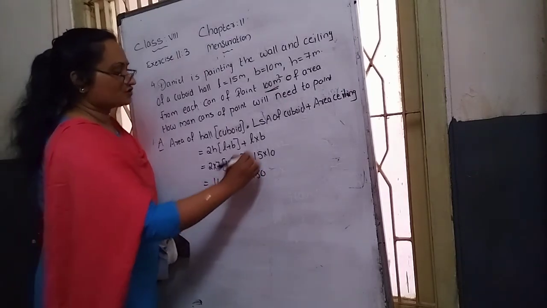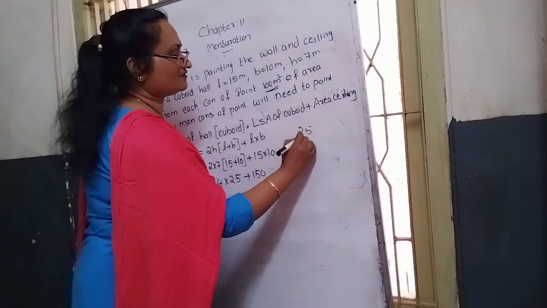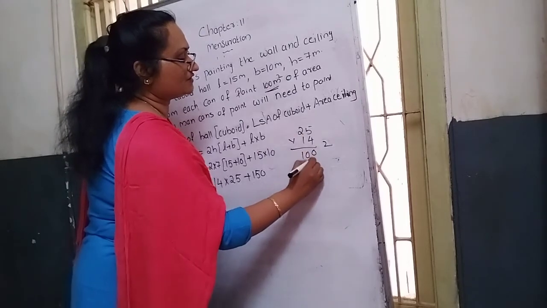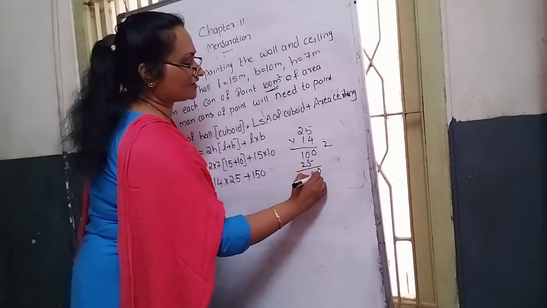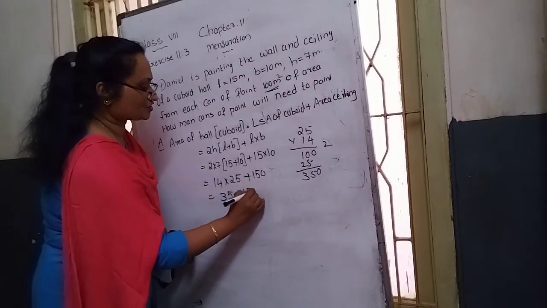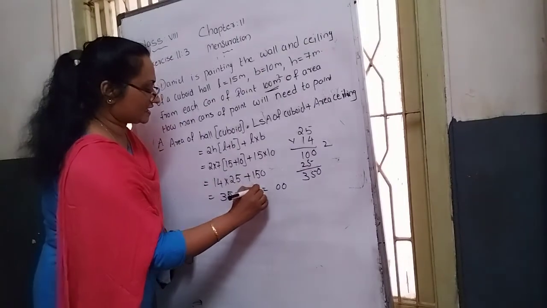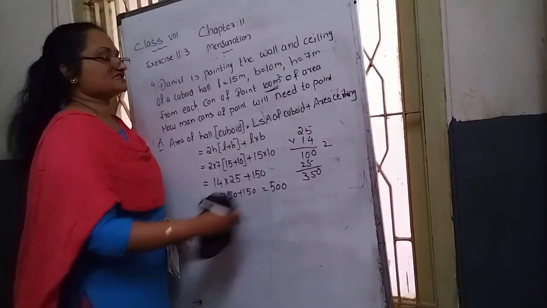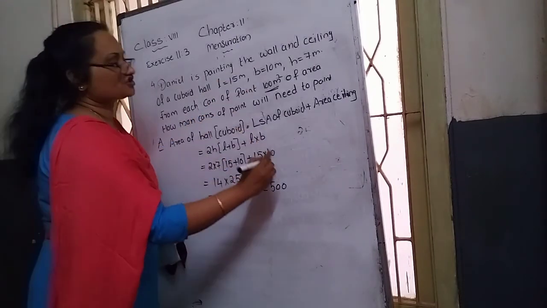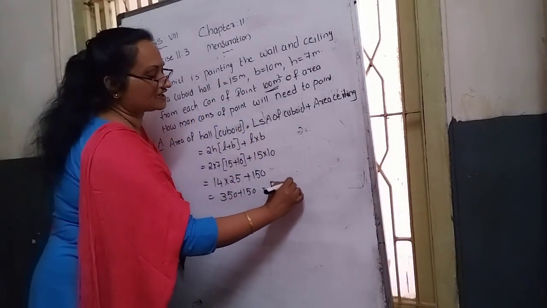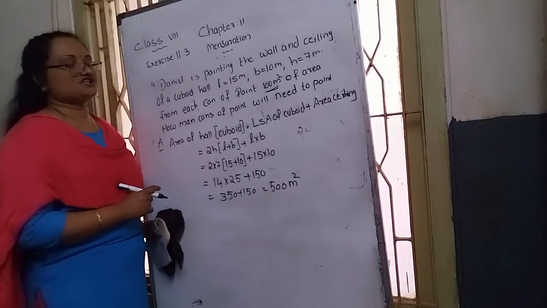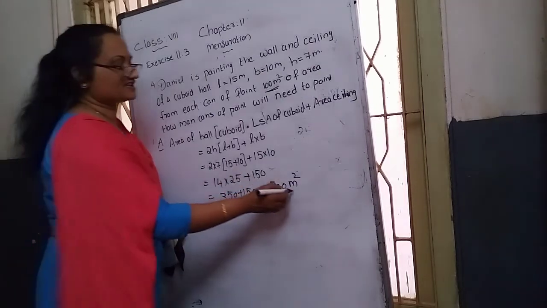Then multiply 25 into 15, which is 350. 350 is added with 150. It will become 500. The area is represented in which unit? Here length, breadth and height are given in meter. That's why the area of the hall is 500 meters square.